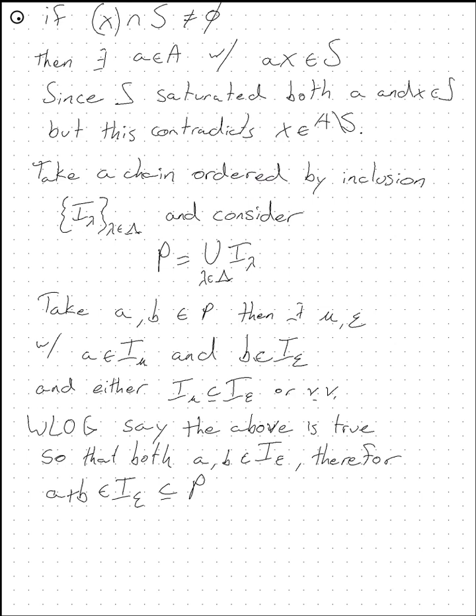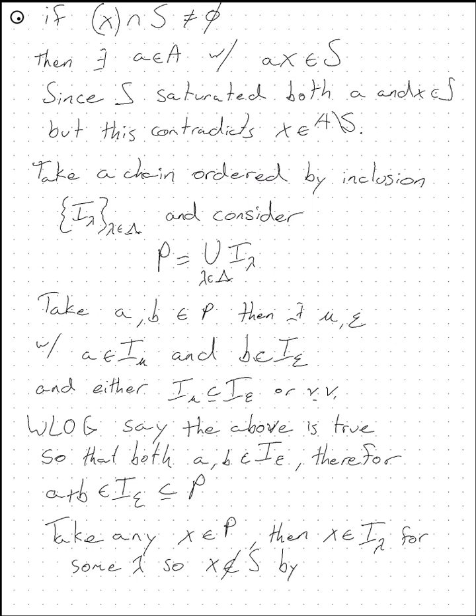Okay. So P is an ideal, and we want to show that P is disjoint from S. So by a similar argument to this one up here, take any x in P, then x is contained in I sub lambda for some lambda. So x is not in S by assumption.